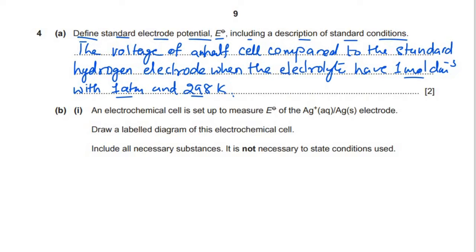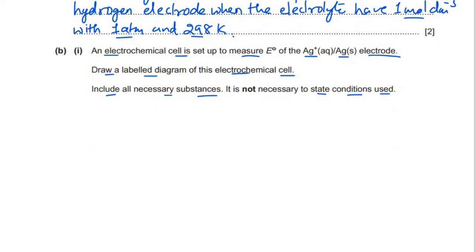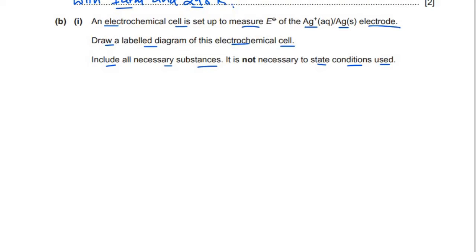The next part says an electrochemical cell is set up to measure the electrode potential of the silver ion to silver electrode. Draw a labelled diagram of this electrochemical cell. Include all necessary conditions. It is not necessary to state conditions used, only the necessary substances.